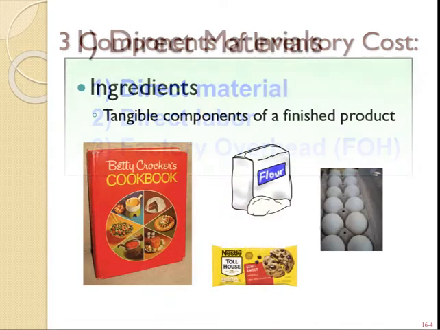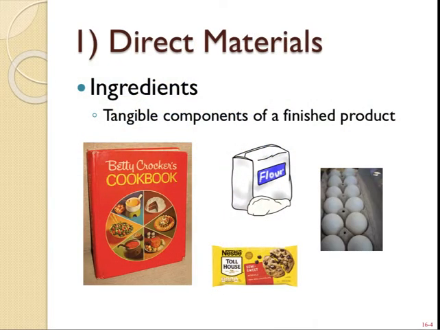So first, let's talk about direct material. The way I like to think about direct material is it's the ingredients. The book defines direct materials as tangible components of a finished product. In other words, all the stuff that went into the product. And again, I'm referring to the tangible components. We'll talk about the intangible later, but tangible components means you can touch them.